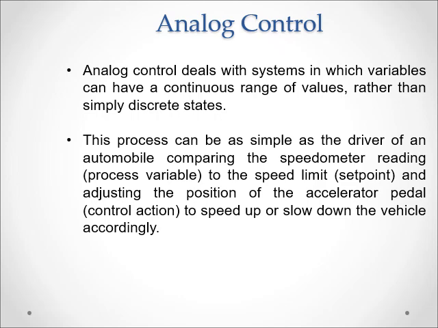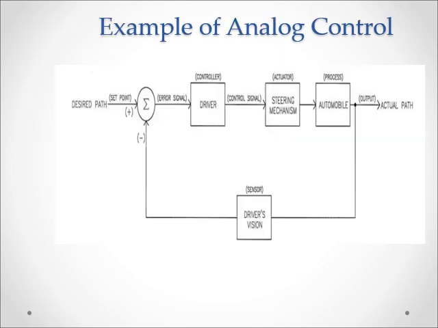On the other hand, analog control is a continuous control, so you continuously monitor a parameter and then you compare it with a set value, and if there are any discrepancies, the error signal will drive the control algorithm. For example, let's say a driver is driving a car.